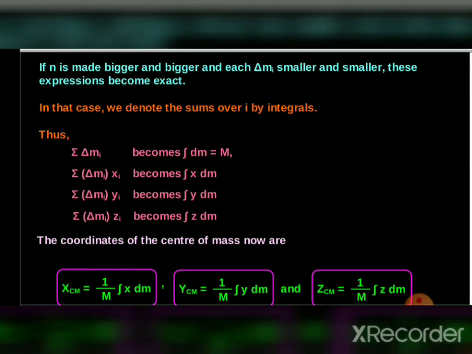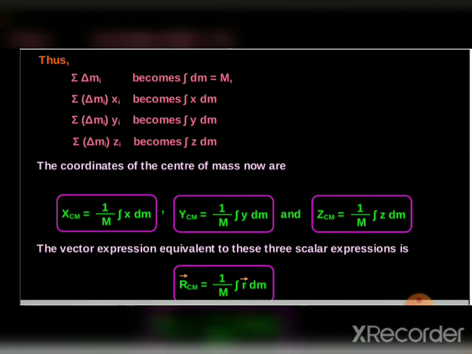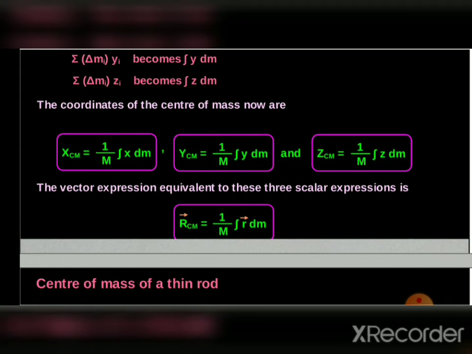Similarly for z, it depends on which coordinate you are taking. So the coordinates of the center of mass now are 1 upon M integration of x dm. Similarly for y and z, so in general you can write R center of mass is equal to 1 upon M integration of r vector dm.